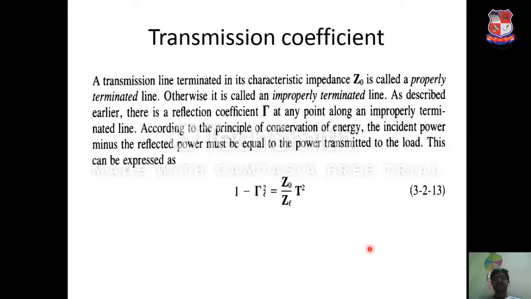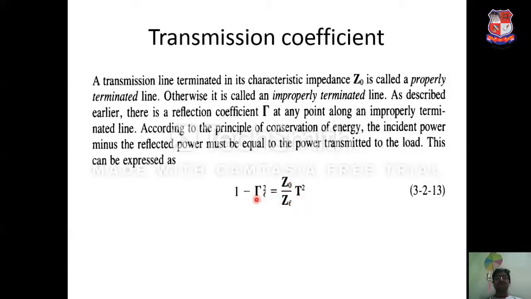Now from this we can consider the transmission coefficient. We have seen in our last chapter 2 that 1 minus the reflection coefficient is nothing but the transmission coefficient. So here we are writing that 1 minus gamma square is equal to Z0 upon ZL into T square.